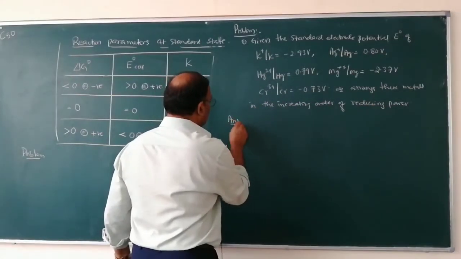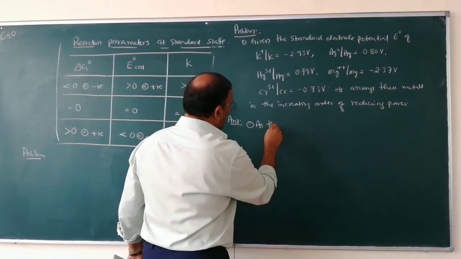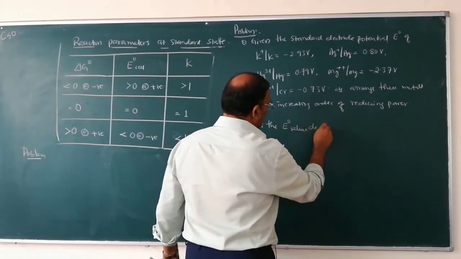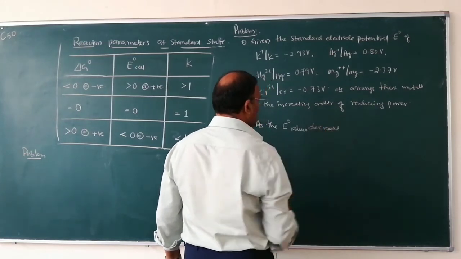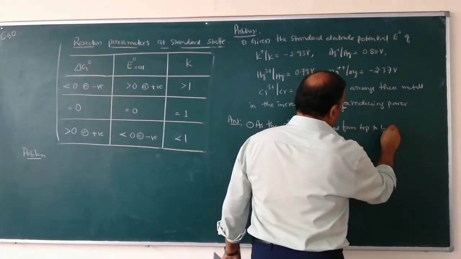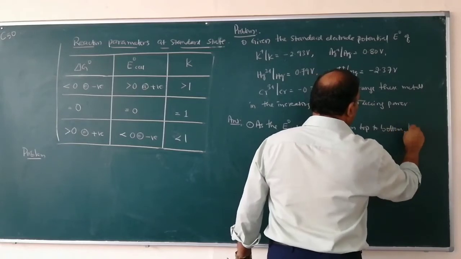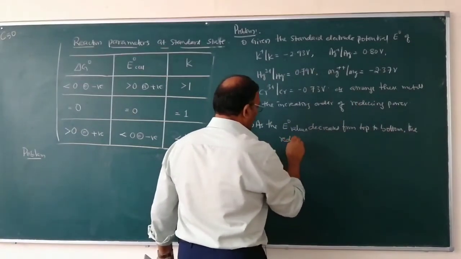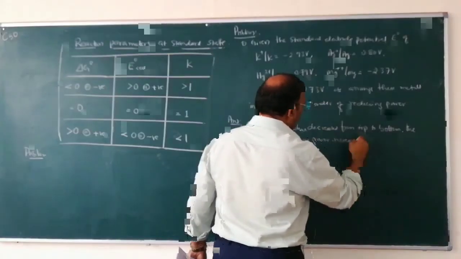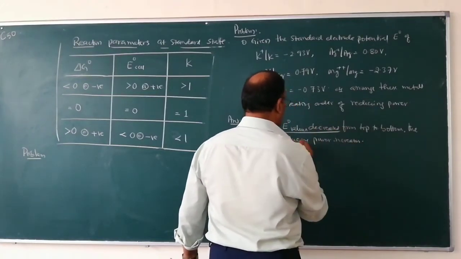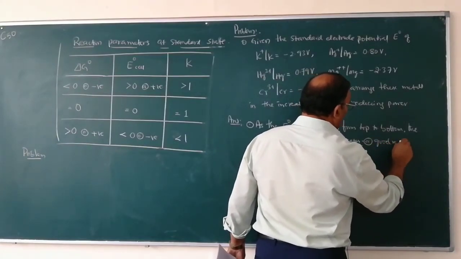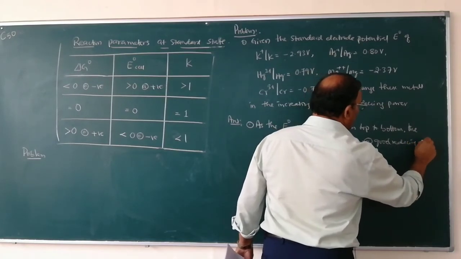So what is the answer? As the E0 value decreases from top to bottom, the reducing power increases, or they are good reducing agents.